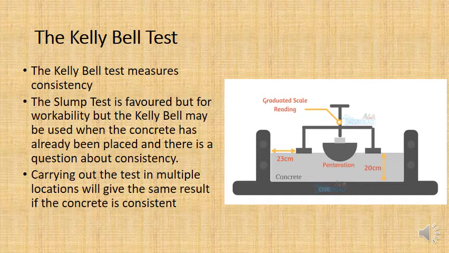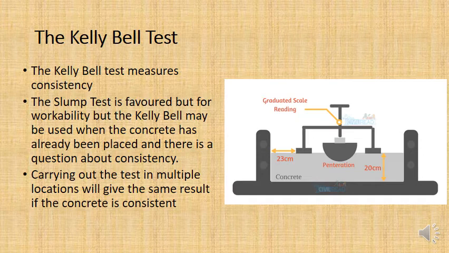Now, the other advantage the Kelly-Bell test has over a slump test is that you can test the concrete in lots of different locations. You just pick up the apparatus and move it around. And if the concrete is consistent, meaning that it's well mixed and the aggregate and cement and water ratios are the same throughout the concrete, the penetration will be the same wherever you go.